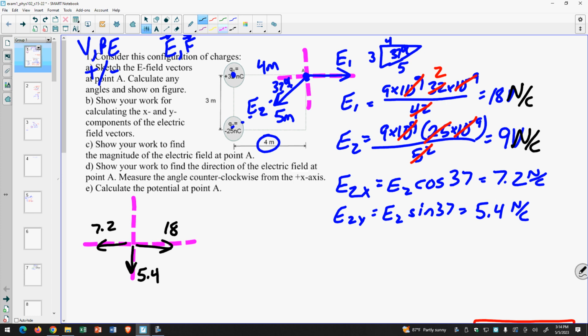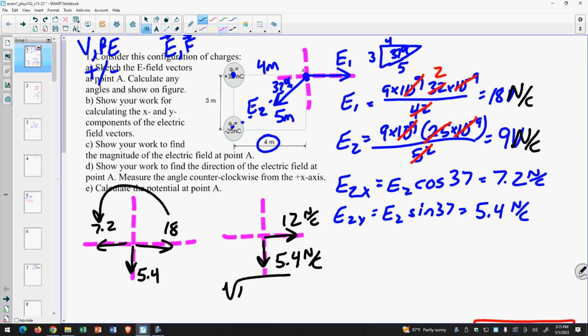Then I do 18 minus 7.2, that's going to be 11.8, I'll just call it 12. And then this is 5.4. To get the 12, I said 18 minus this number, and I got 11.8. Then I do the square root of 12 squared plus 5.4 squared, and that's my answer.